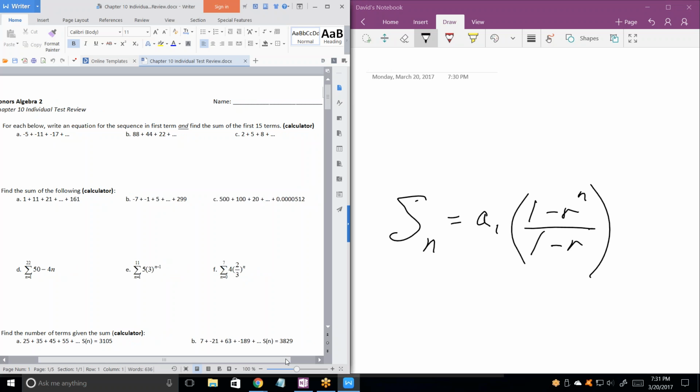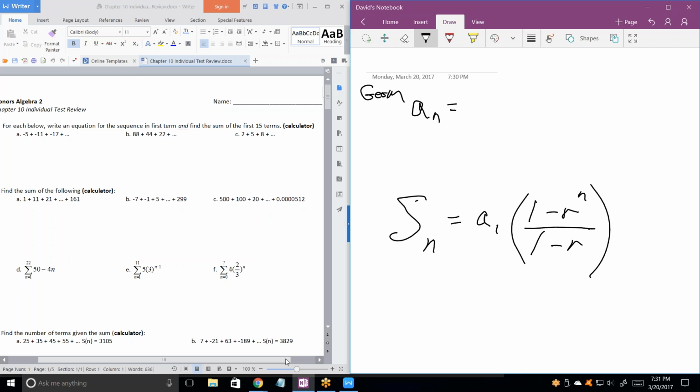Okay? So to figure out this sum, again, I have an end term, but I don't know which term it is. In other words, I need to know, I know what r is. What's r? 1/5. Okay. And I know what a sub 1 is. That's 500. So the only missing thing is n. So we've got to figure out n. Well, let's go up here and give me the specific equation for this, for a geometric.